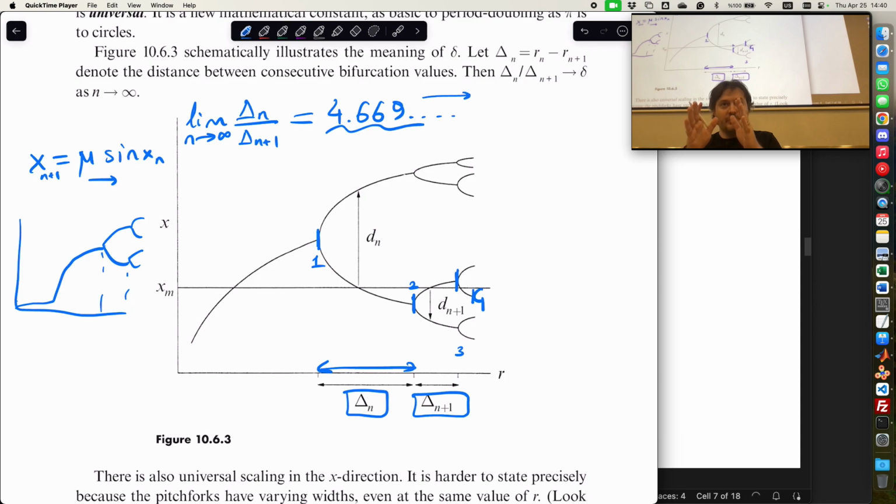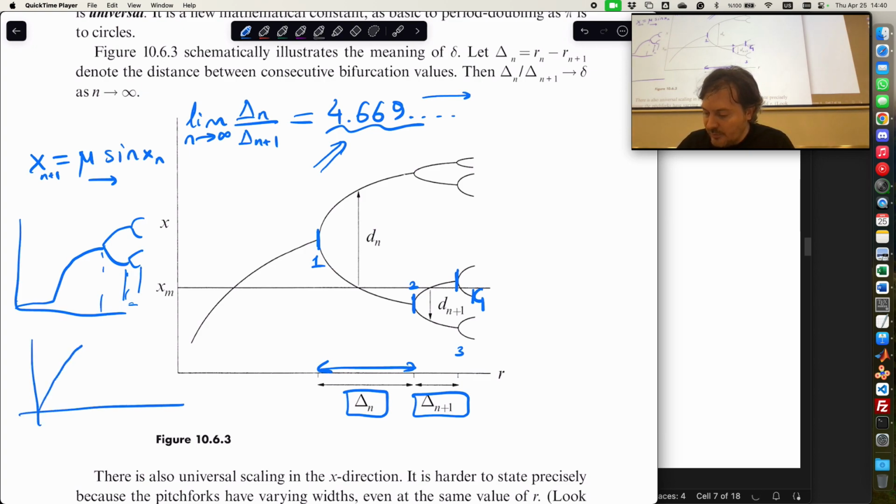But if you do it correctly, you will see that as you get closer and closer to the chaos point, the points where that bifurcation happens, if you take the ratios, it converges to the same exact value. So a different map. And it turns out that as long as you have one hump on your function, and as long as that hump is quadratic, you will get the same values. Okay?